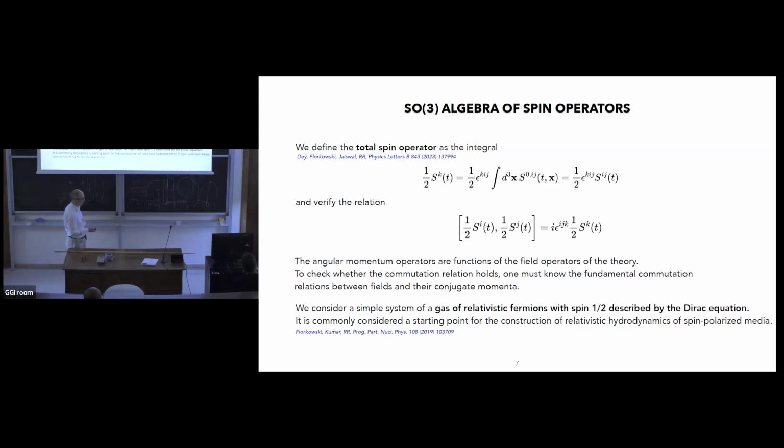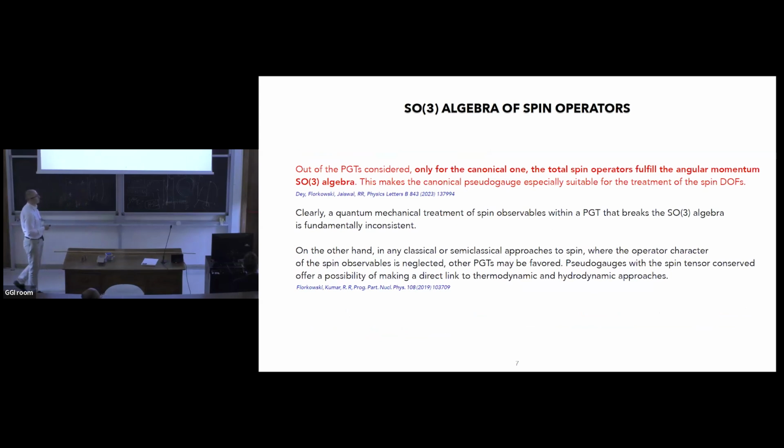Both the GLW and HW currents are not providing these relations in the expected form. So the conclusion would be that if you want to study some spin dynamics at the quantum level, at the level of the field theory, you would rather prefer the canonical currents over the HW and GLW currents.